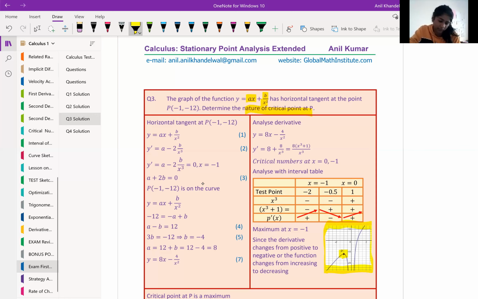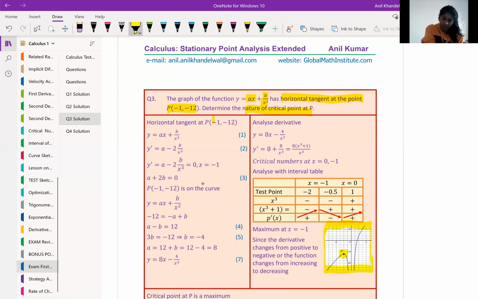So I started with the point. It says horizontal tangent at (-1, -12), because that's going to be a point on the curve. I found the derivative, and then I subbed the -1 in.